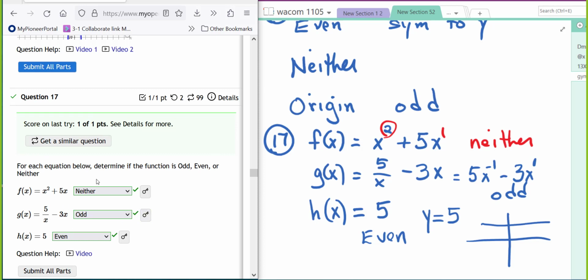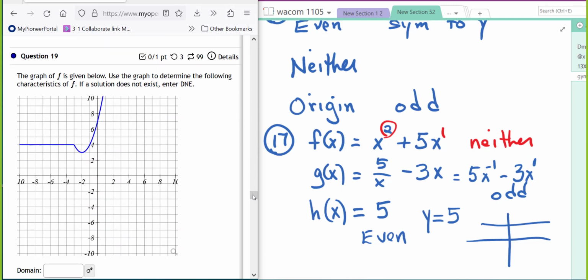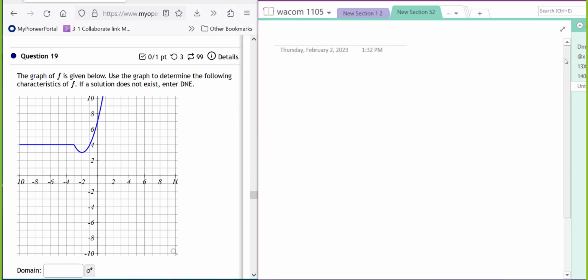All right. Next, we have a summary coming up, number 19. And they're going to ask us a lot of questions about this picture. So it's important to make sure you can answer all these kinds of questions. So I know we'll have domain and range.